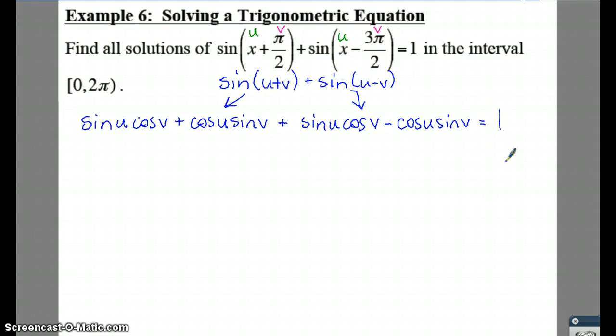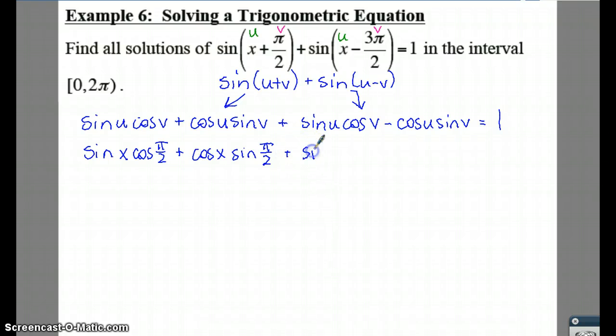So what we have to do is take out our u's and our v's and rewrite our equation. For this first equation, u is x, v is pi over 2. So we're going to say the sine of x times the cosine of pi over 2 plus the cosine of x times the sine of pi over 2. We will evaluate these in a moment. So that's your first sine.